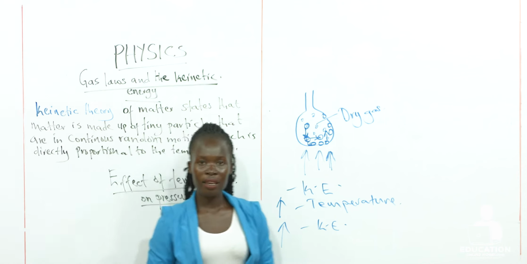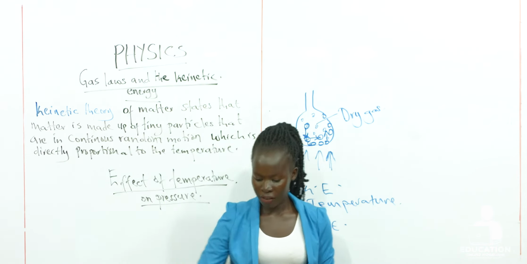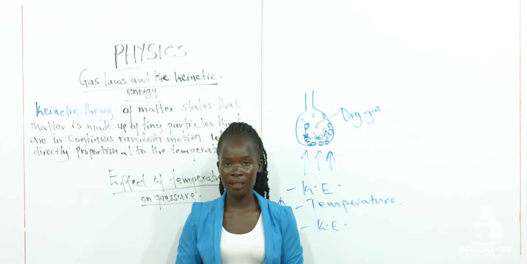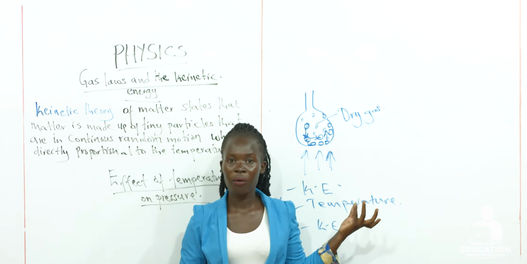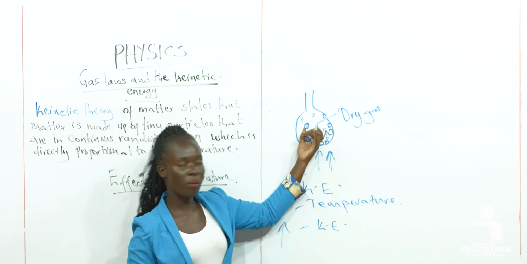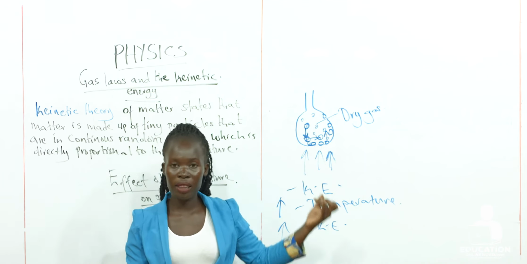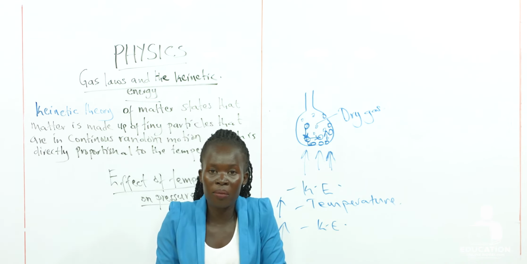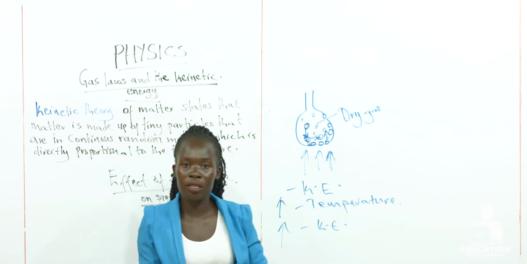increased. But if the container is flexible, the volume of the gas increases in order to maintain the increased pressure. How does the volume of the molecules also increase? The temperature of the molecules of a matter causes these molecules to expand.